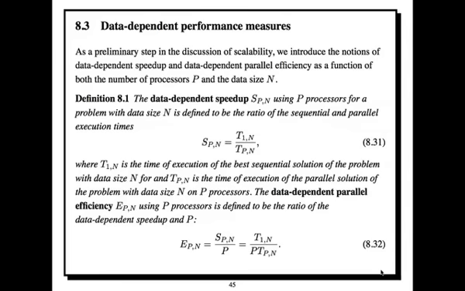Now, that's great, but if you want to really verify it, n might get really large, and you might not be able to solve that problem on one processor. So this is now called strong scaling. And so strong scaling is good, but it's not something you can often verify.